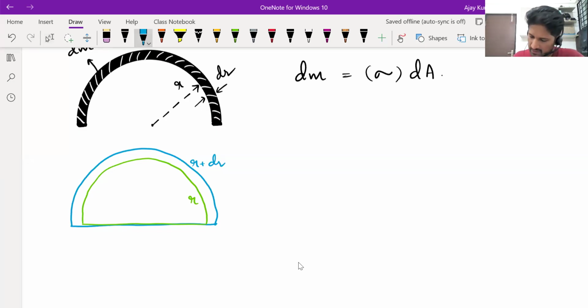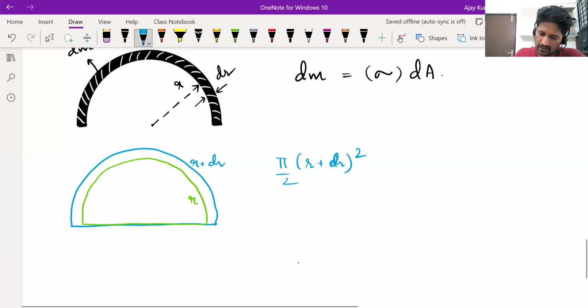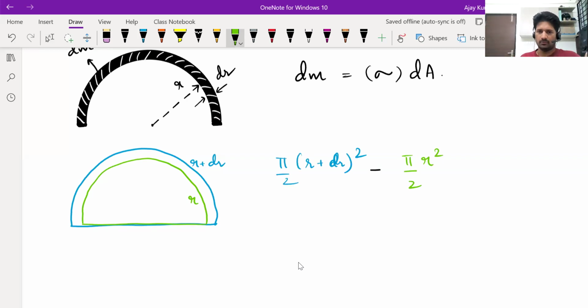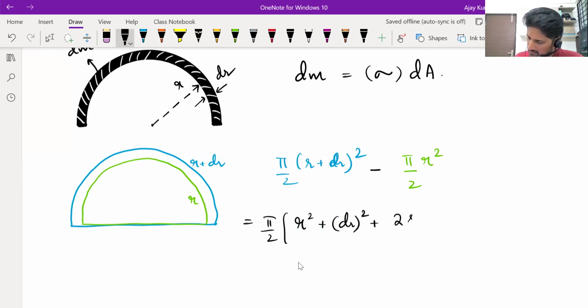So the outer area will be pi into r plus dr whole square by 2. And the inner area will be pi into r square by 2. Let's simplify this now. Pi by 2 is taken common. R plus dr whole square becomes r square plus dr squared plus 2r dr, minus another r square here.